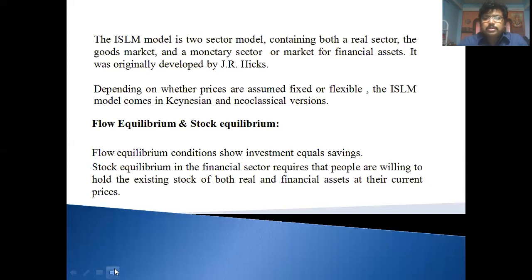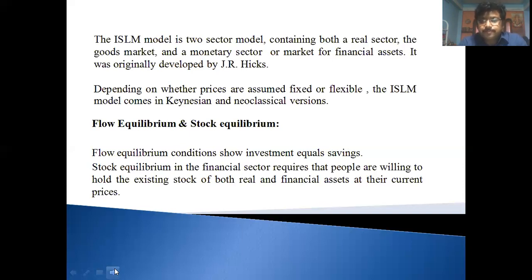Suppose the desired aggregate saving is greater than the planned investment. Imagine, just imagine, the desired aggregate saving is greater than the planned investment.